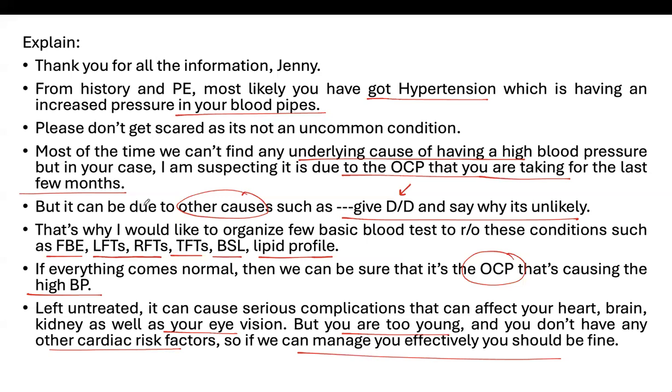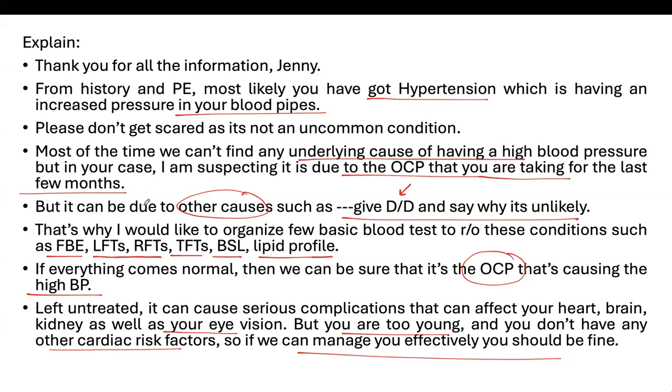I have got a 16-year-old whose blood pressure goes to 160, and that patient is weighing about 150 kilo. So there are patients like that. So you can't just say that, yes, it's a 20-year-old, it will never be an essential hypertension. It can be, but you need to rule out secondary causes in this patient.